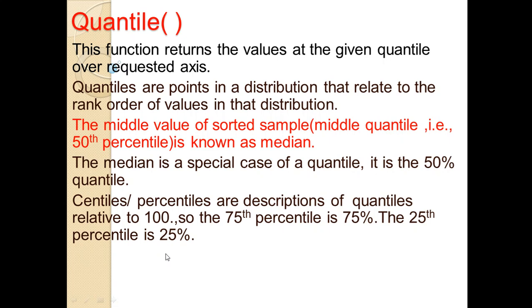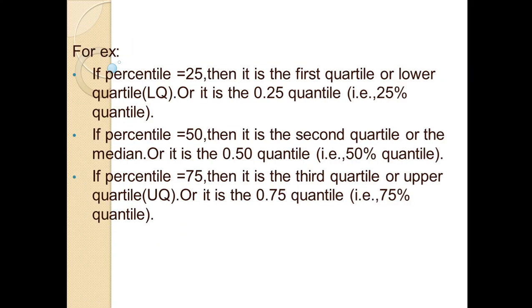So what is the use of these centiles or quantiles? The use of this particular function is to find out, in a given set of numbers, which will be coming under the 25% of values or the 50th percent of values. For example, if percentile is equal to 25, then it is the first quartile, also known as lower quartile.